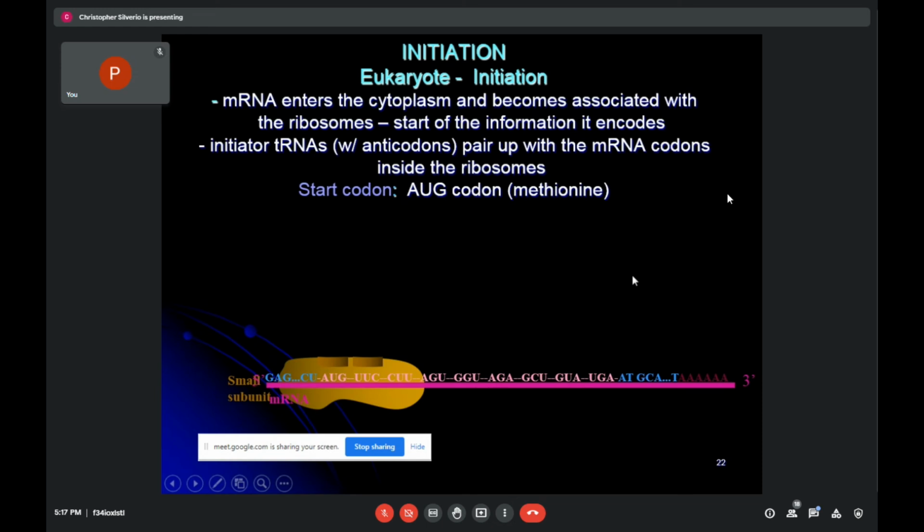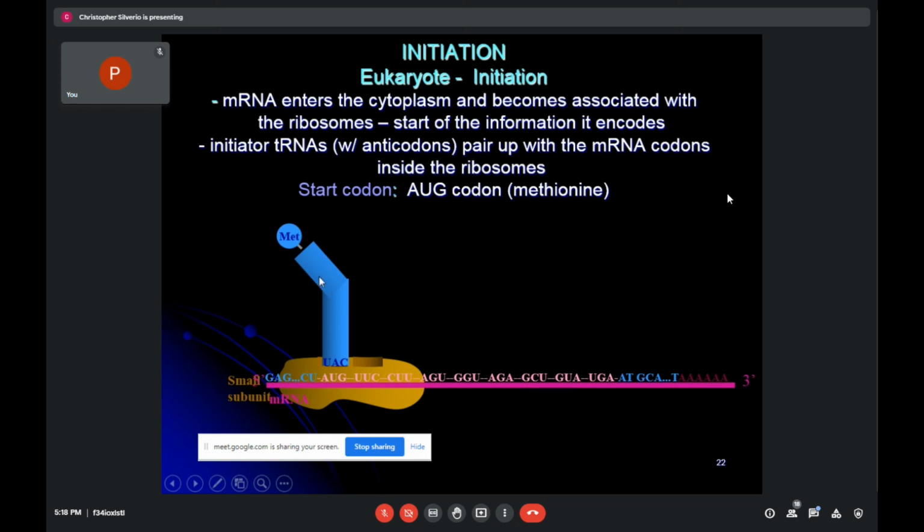So, there are three important components of the translation process. One is the messenger RNA, which binds to the small subunit of the ribosomal RNA, and the mRNA is the one that contains the codon.